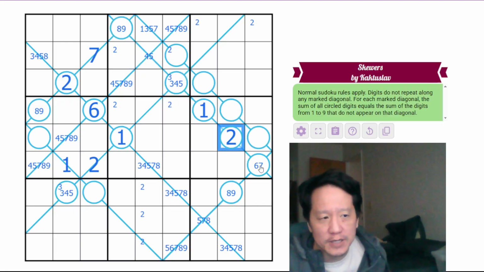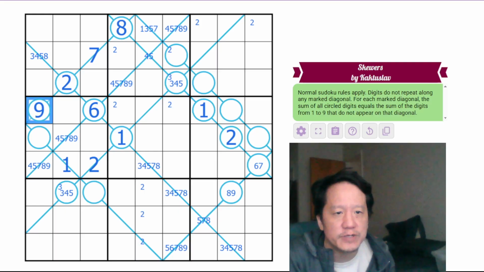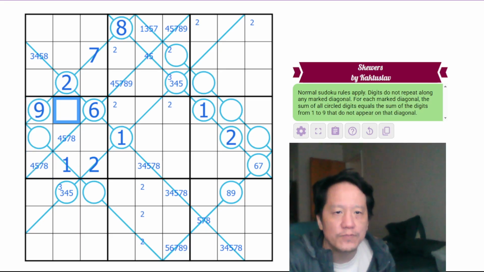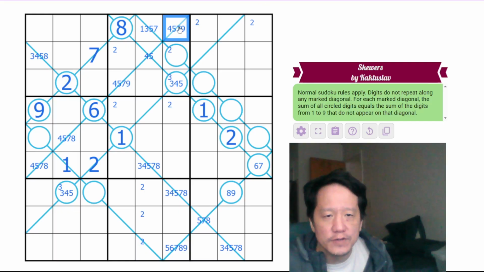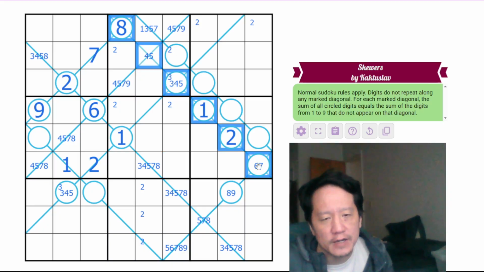Sorry, maximum not on the line is 5, 7, 8 in that case. So this cannot be 9. Therefore, this has to be 8, which forces this to be 9. So there's no 9 here. There's no 8 here. So one of these 2 is a 9, and one of these 2 is an 8. Okay. That means we're missing 9 on this diagonal.